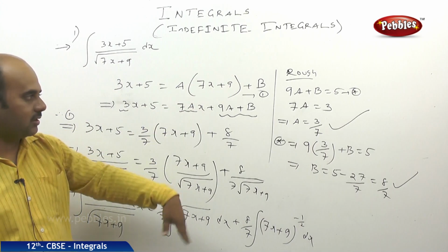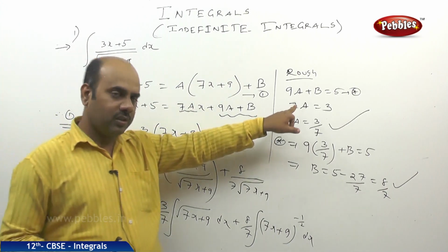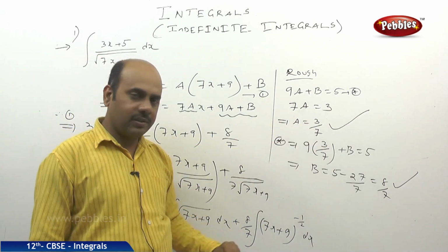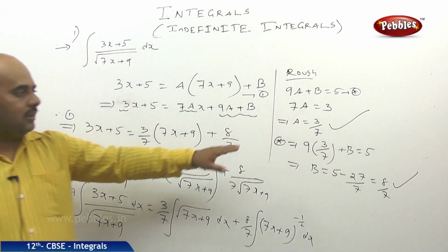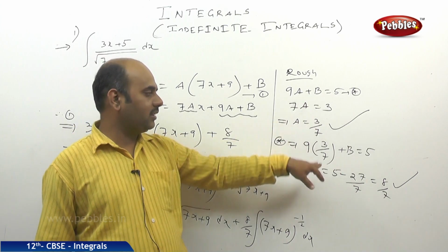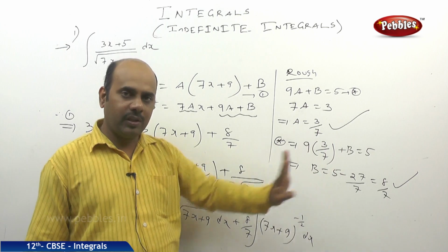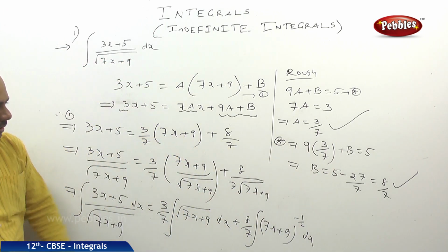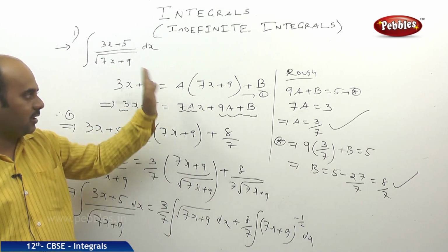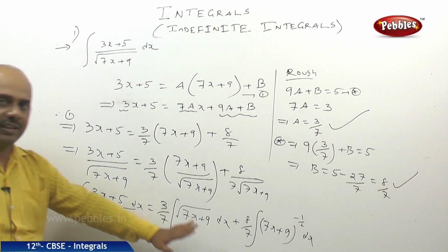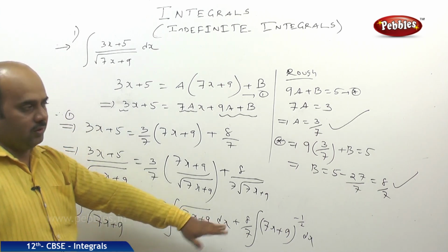I call that star, and I compared the coefficient of x, so I got 7a is equal to 3, so a equal to 3 by 7. Later I'll put this a in star, therefore 9 into 3 by 7 plus b is equal to 5, so b equal to 8 by 7. So I got the values of a as well as b, and I'll put them in equation 1. After substituting, I divided by under root of 7x plus 9 and I applied the integral. I think the procedure is clear up to here.